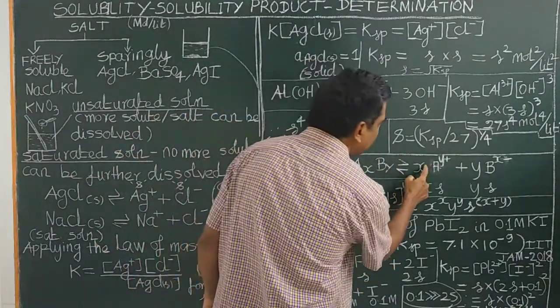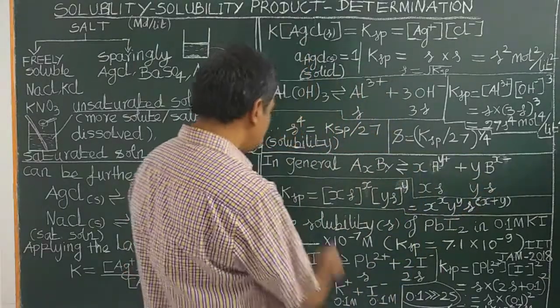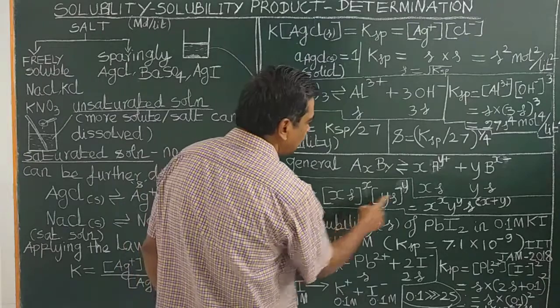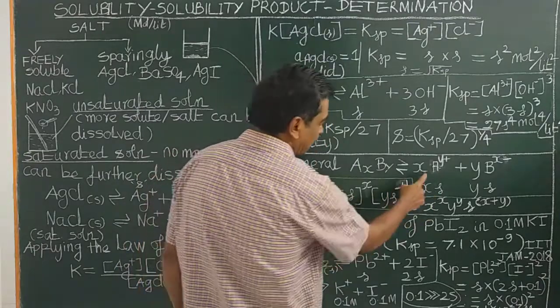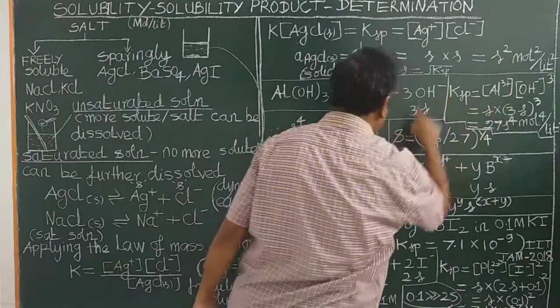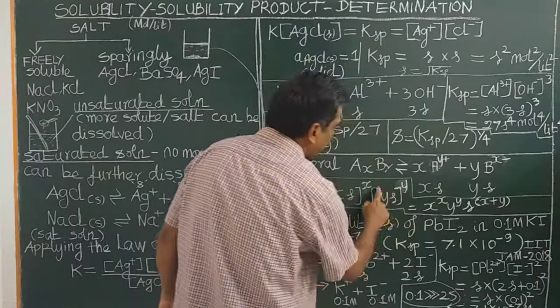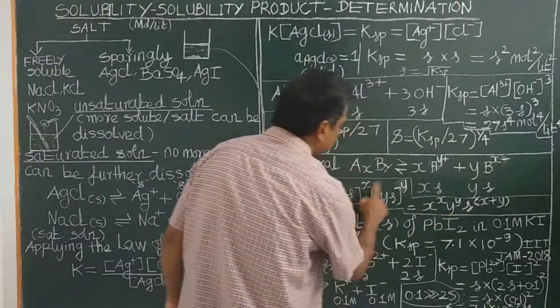Therefore, xS and yS moles of ions are present. Therefore, Ksp equals (xS) to the power x and (yS) to the power y, that is, x power x, y power y, S power (x plus y).